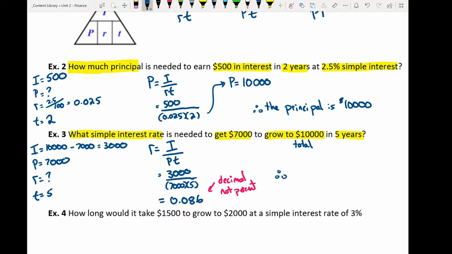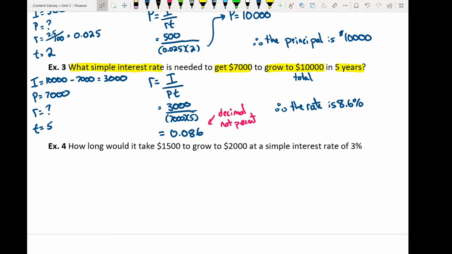In actuality, therefore, the rate is 8.6%, not 0.086, that's the decimal. Keep that in mind. Use the decimal version in the formula.